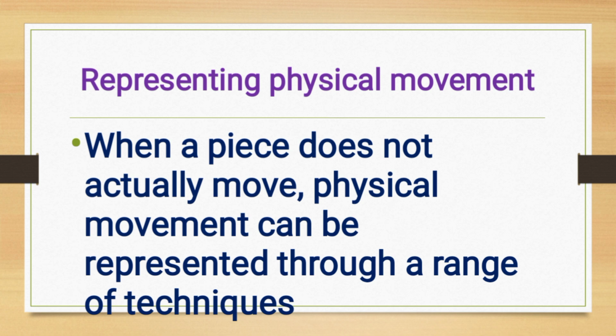Physical movement can be represented through a range of techniques. When we say it can be represented through a range of techniques, we have different techniques of showcasing physical movement. We've talked about actual movement, whereby someone moves physically from one place to another. We talked about using different apps or effects to change movement.